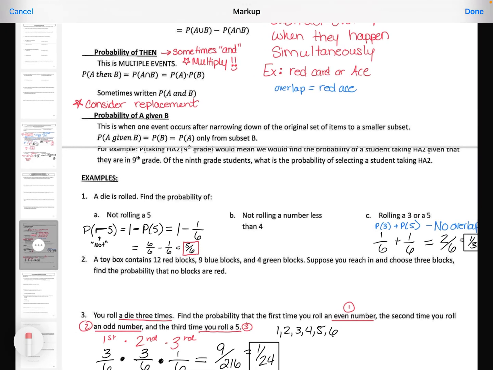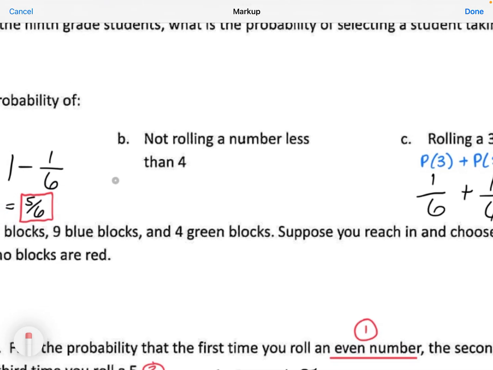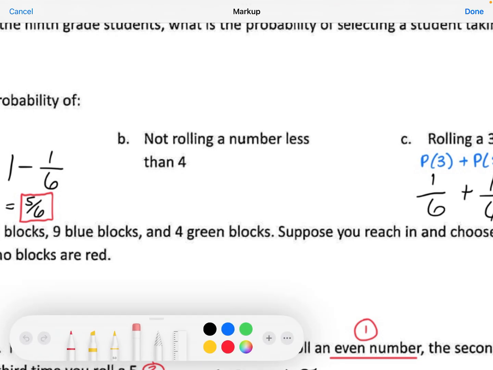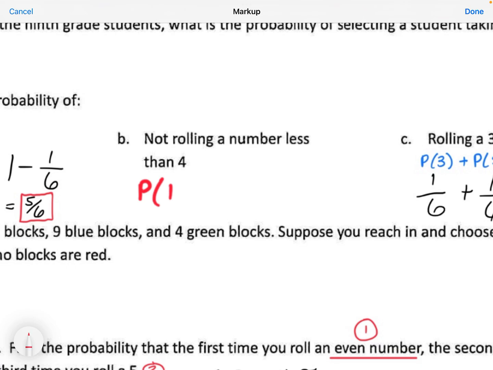So let's go down to 1b, since we did not complete that one yet. Not rolling a number less than 4. So we're going to take the probability of rolling a number greater than or equal to 4.